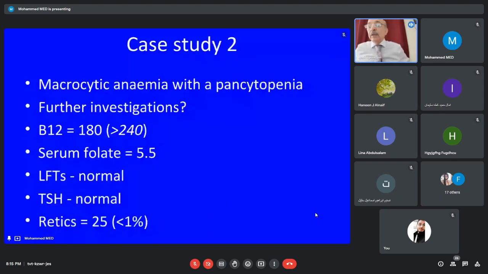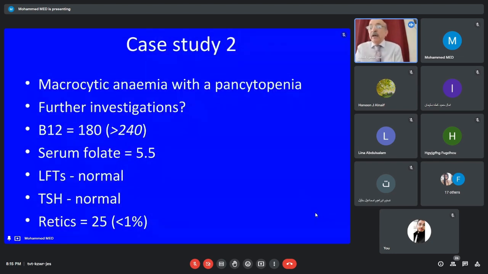The liver function test was requested, and here it was normal, because liver disease can cause macrocytic anemia as well, and TSH as well, for hypothyroidism. Thyroxine is required for the RBC formation as well, so it can cause anemia as well, and the anemia of hypothyroidism is usually macrocytic.